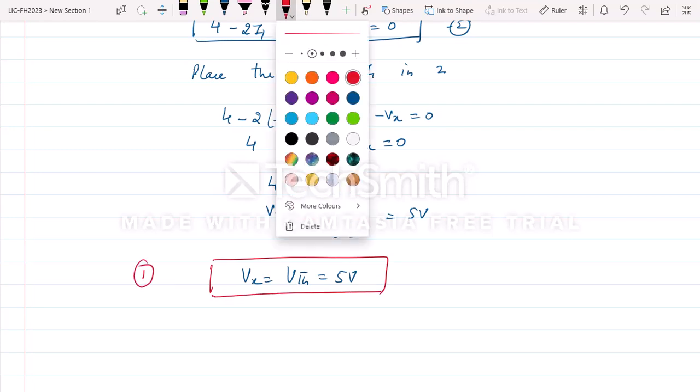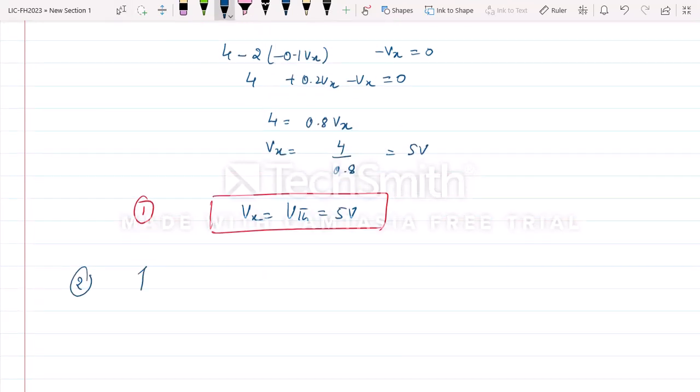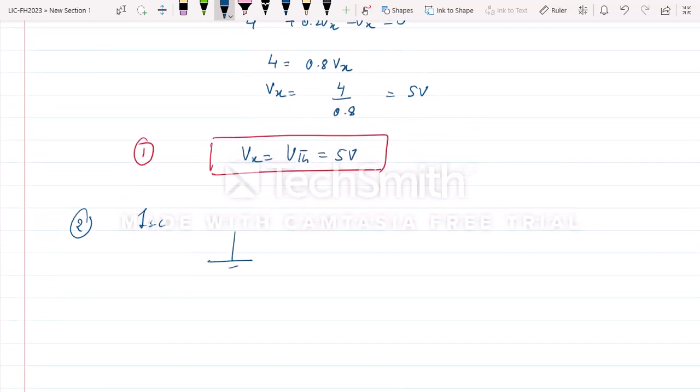Now let us start with the short circuit current, the second step. For ISC we have to short circuit, so let us draw the circuit again. This circuit is different, so don't take Vx from the last circuit.